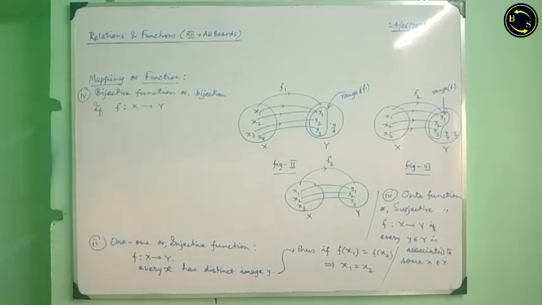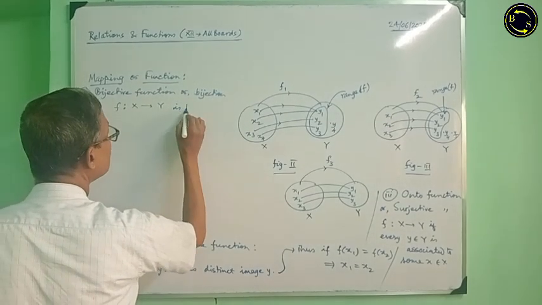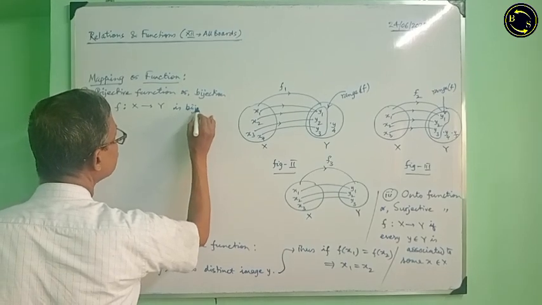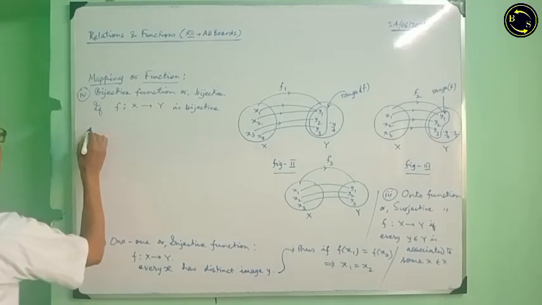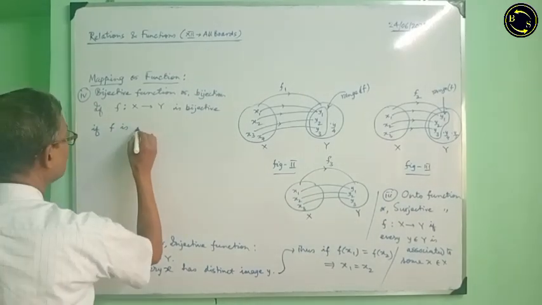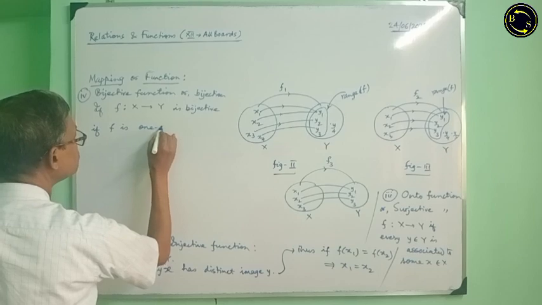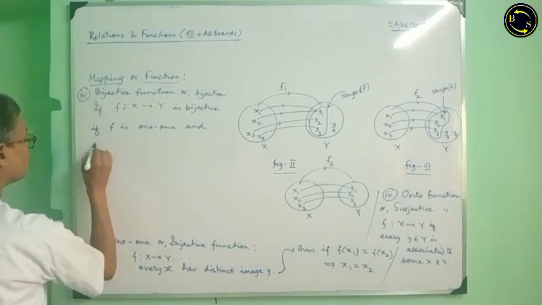A function f from X to Y is bijective if f is 1-1 and onto.